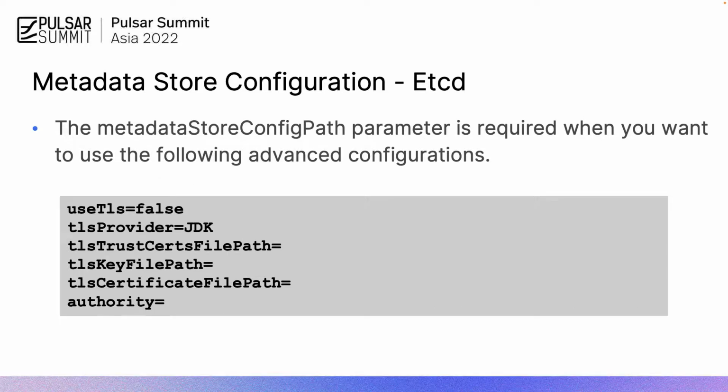So here's an example of such a configuration file for the etcd-based metadata store. In this example, we use the file to configure security settings needed for connecting to a TLS secured etcd instance. We can specify we want to use TLS, and who the provider is. We would, in an actual implementation, specify a path to a certificate, trust certificate, a key file, a certs file, the certificate authority.